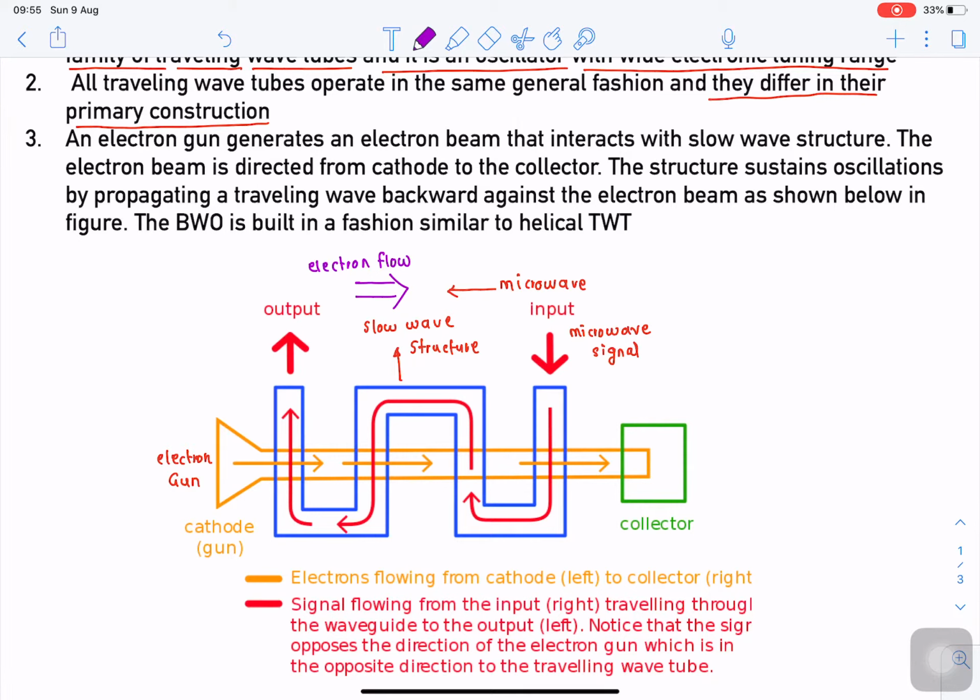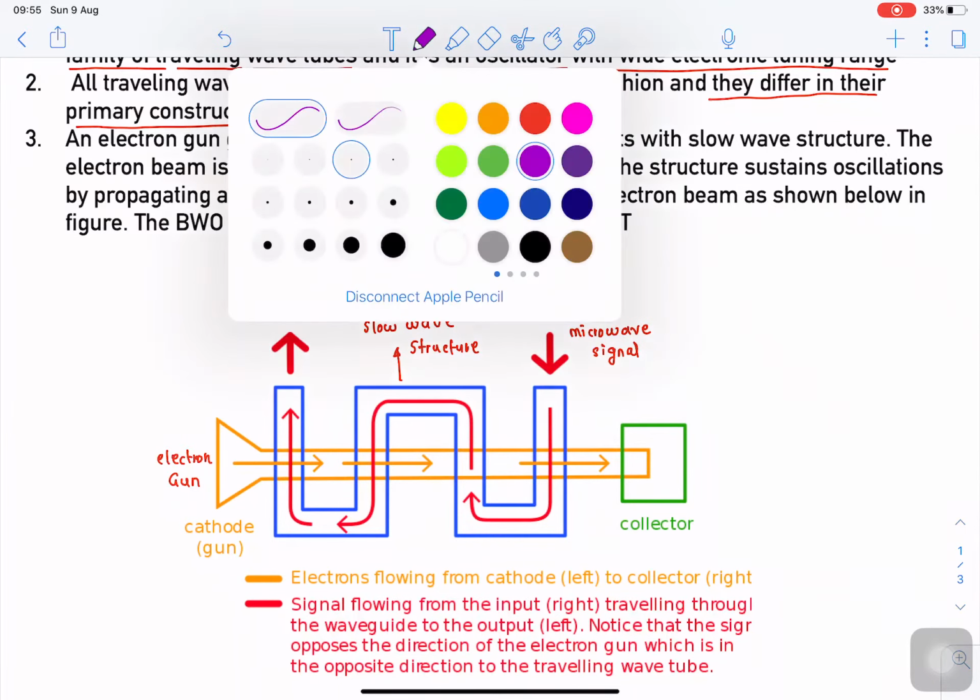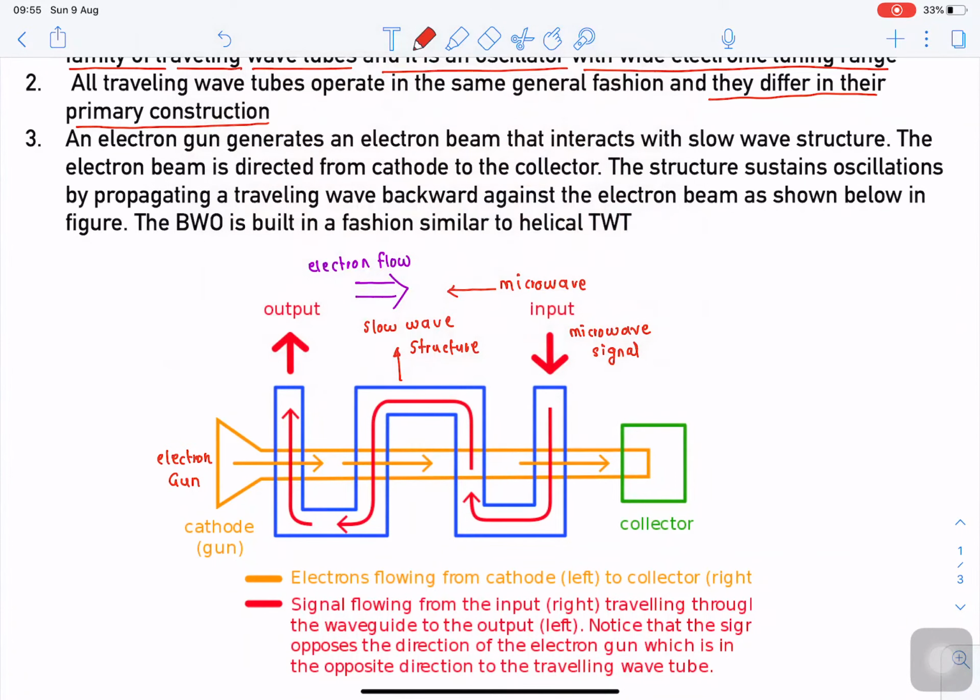The structure generates oscillation by making use of these oppositely oriented signals, as shown in the figure. The construction of the backward wave oscillator is similar to the helical traveling wave tube amplifier.